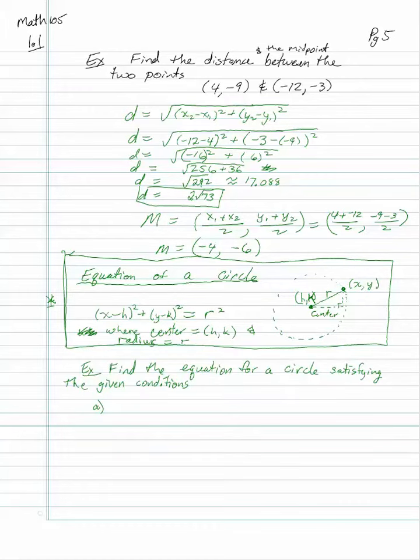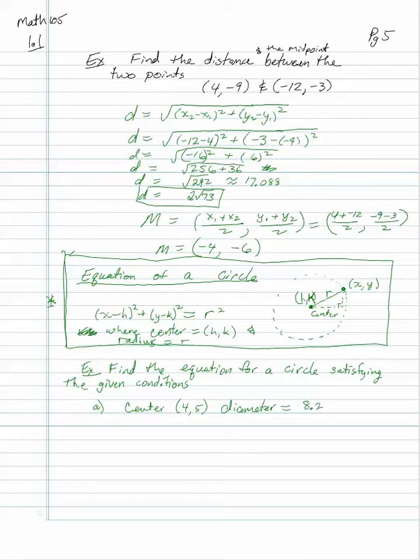Okay, so let's try to find an equation of a circle satisfying the given conditions. So let's say we have center is 4, 5, and the diameter is equal to 8.2.